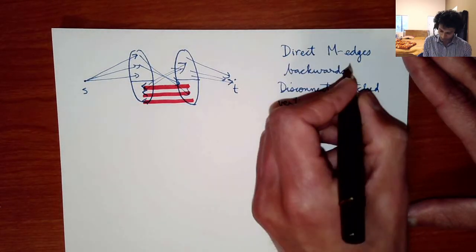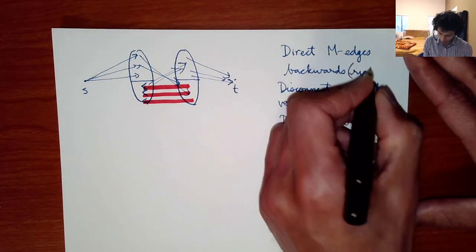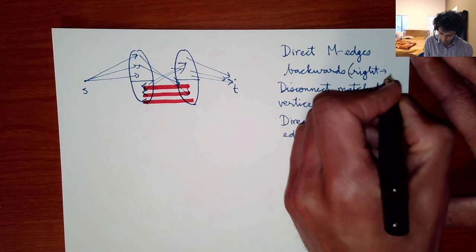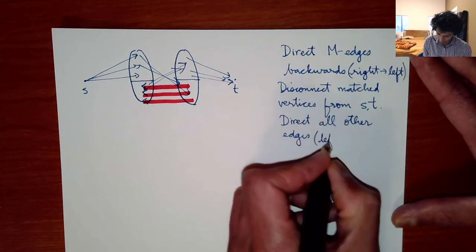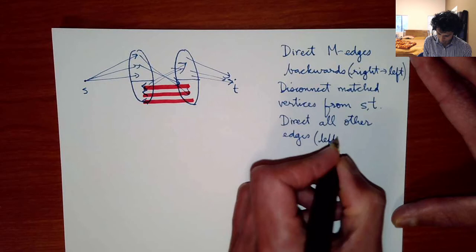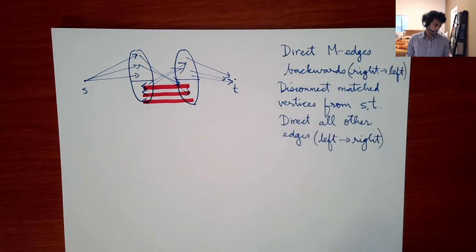By backwards, I mean right to left, and direct all other edges from left to right. Okay?